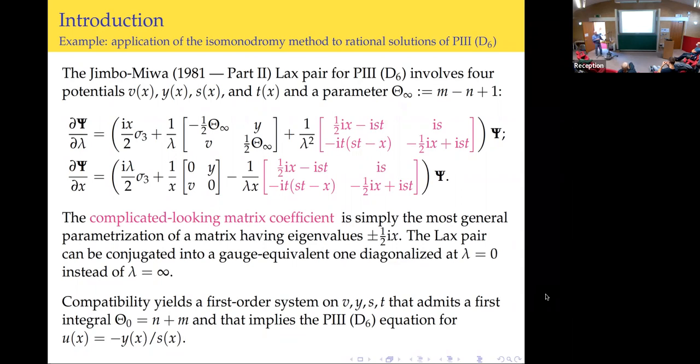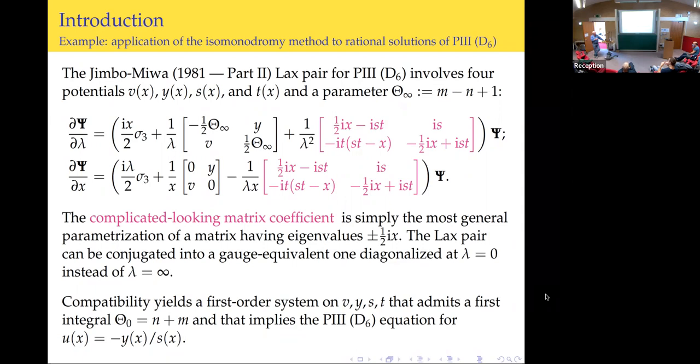So what you would do in general, if you're trying to solve a problem with the Painlevé equation, is you would say, okay, given some information about u, maybe I know the value of u at some point and its derivative, then I try to work out what the values of v, y, s, and t are at that point, and I put all that information into this equation. And now I have some differential equation that's non-constant coefficient because of lambda and lambda squared, but these matrices are constants.